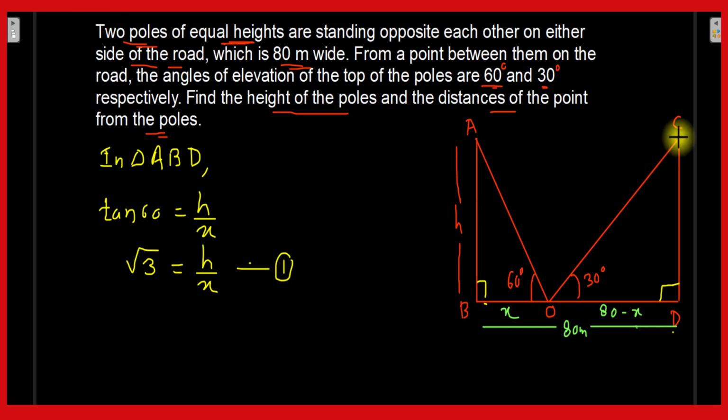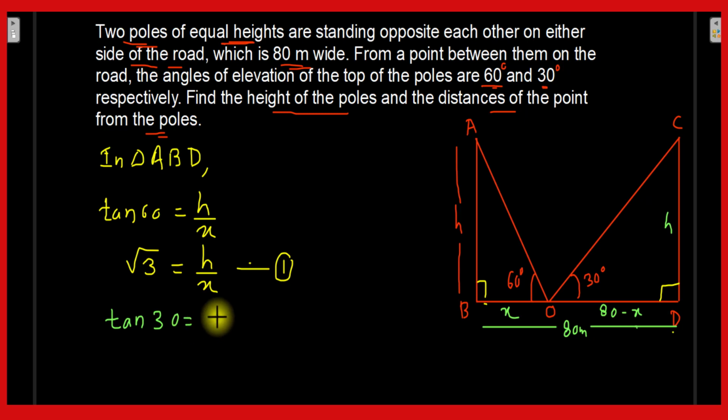Now we will take the another triangle COD. In this triangle, tan of 30 is equal to opposite side upon adjacent side, h upon 80 minus x, because h is the height of the pole and we are taking it as h meter.